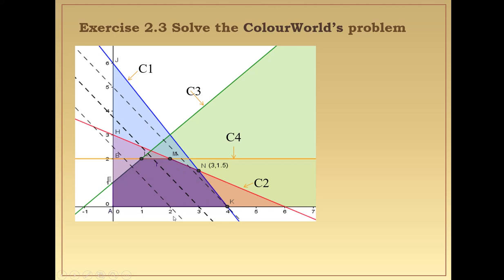Or we call it the isoprofit line, because we want to maximize the profit. So we call the objective function the isoprofit line.